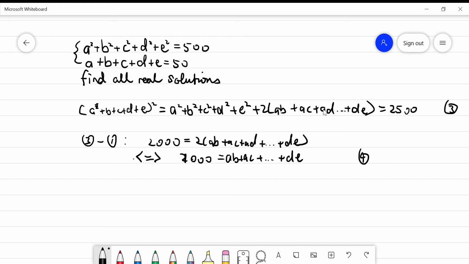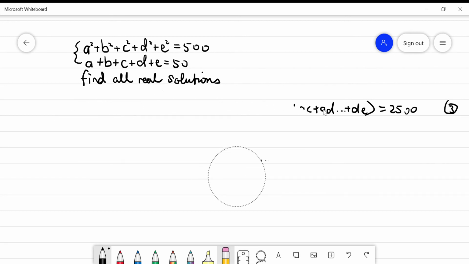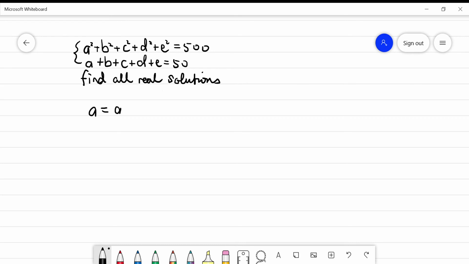However, if we just erase all of this and look at the equation carefully, it really wants us to use the fact that squares are non-negative. With this in mind, we substitute a equals a1 plus 10, b equals b1 plus 10, and so on. We can define c1, d1, e1 similarly.